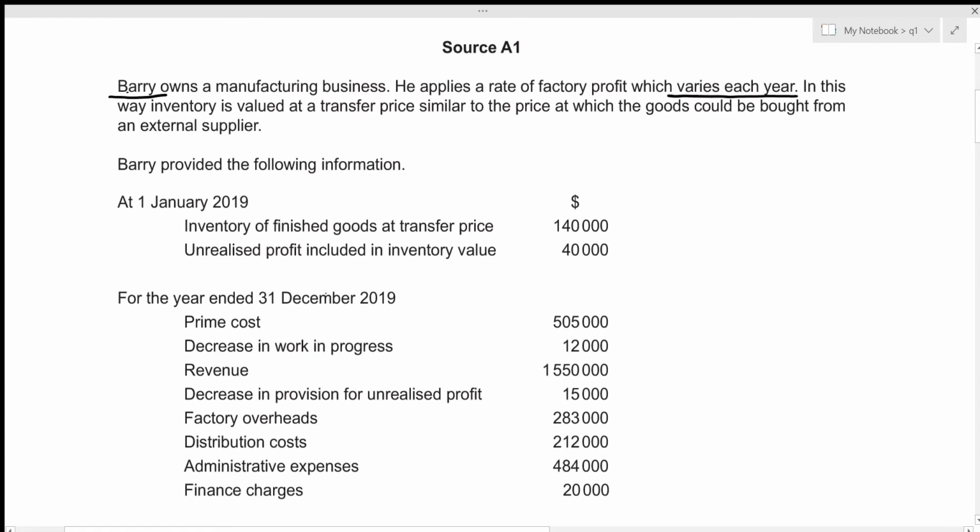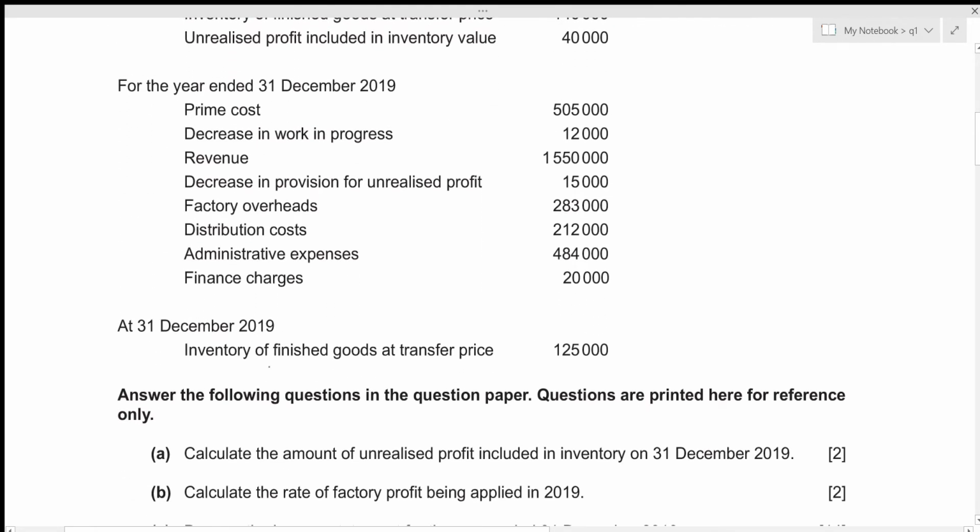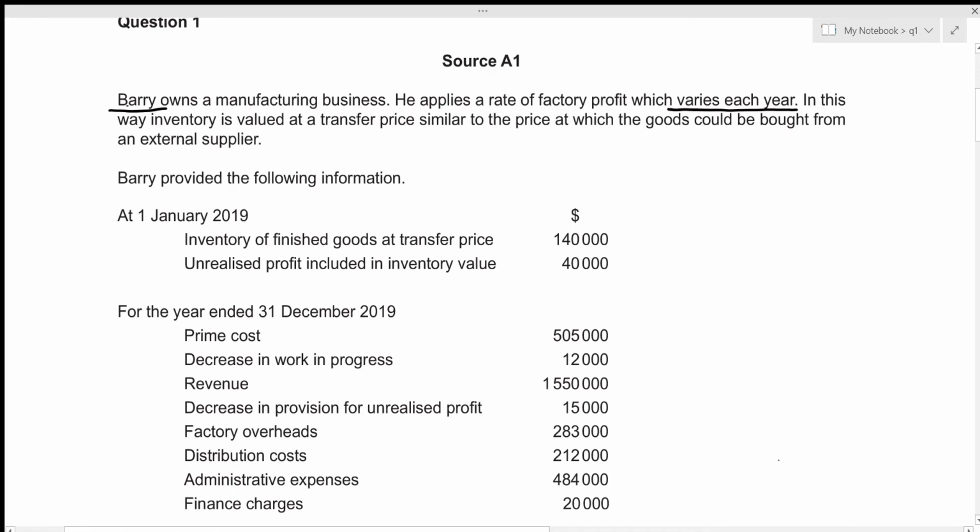Let's have a look at our first question. We need to calculate the amount of unrealized profit included in inventory on 31st December 2019. Alright, let's have a look above. We can see that we're given the opening dates information regarding inventory of finished goods at transfer price and the unrealized profit included in inventory value.